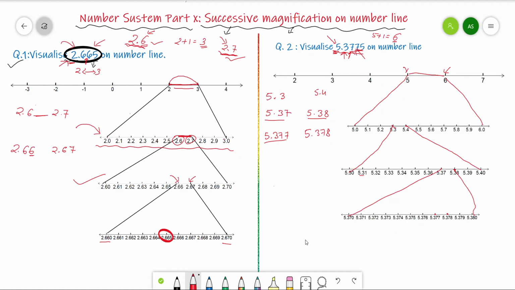Once again we will magnify this region, and then it will look like this.